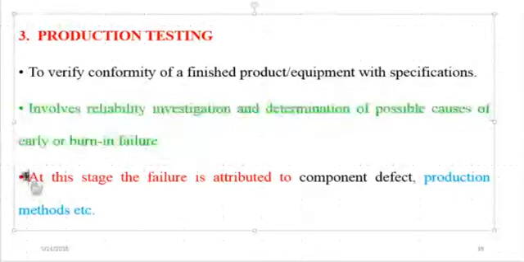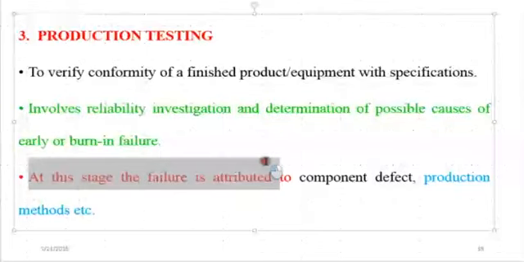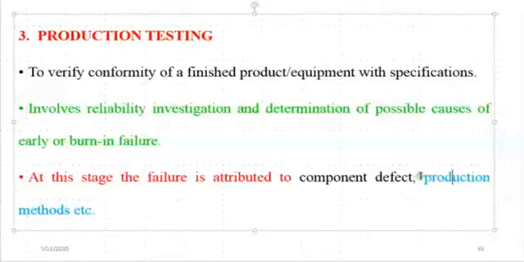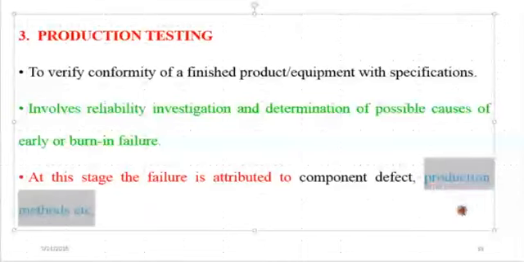Also, at this stage, whenever we detect any failure at the production testing, that failure can be attributed to component defects. That is, the problem is from the component, not from the design, because the prototype testing and pre-production testing have already analyzed the design problems and handled them. We can also attribute any failure at this stage to production methods.